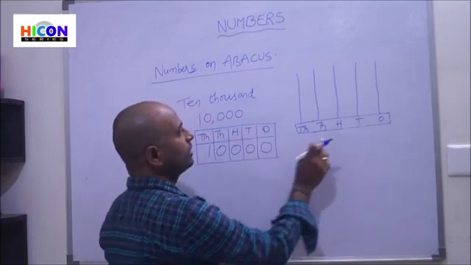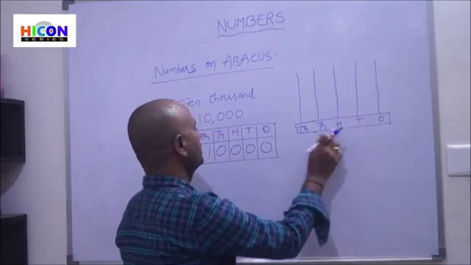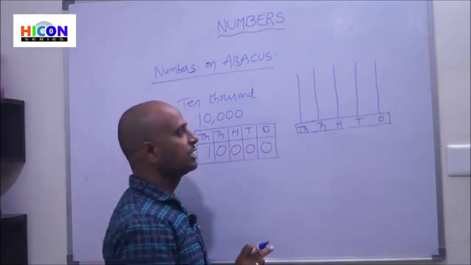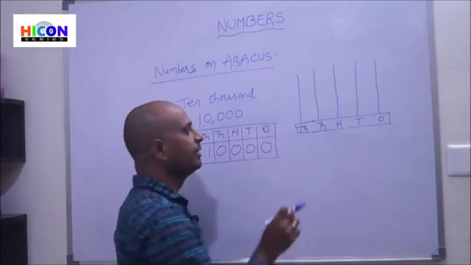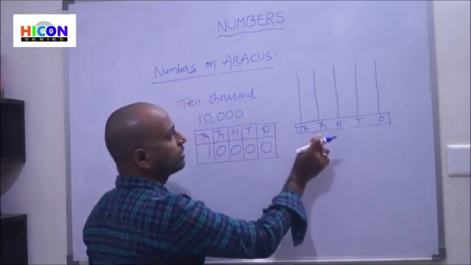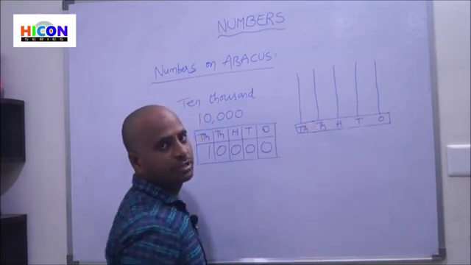Now go to the third stick. The third stick represents hundreds place, but in hundreds place the digit is 0. That's why we should not place any bead in hundreds place also. Now go to the fourth stick. The fourth stick represents thousands place.